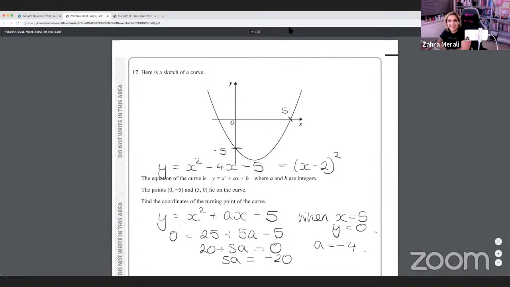I take this number that's here and I square it. Doesn't matter if it's positive or negative, you're always going to minus it. So you minus 4, and you've also got your minus 5. So (x minus 2) squared minus 9. So that tells us that the turning point is (2, -9).